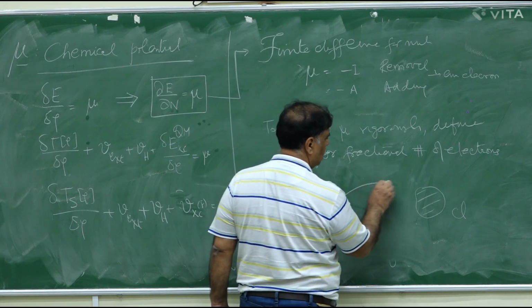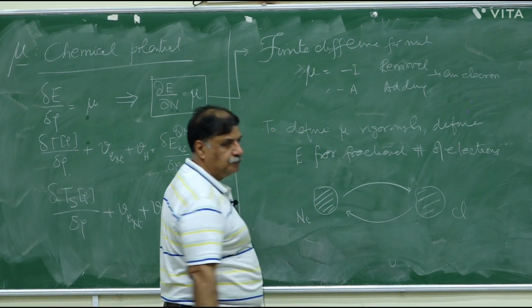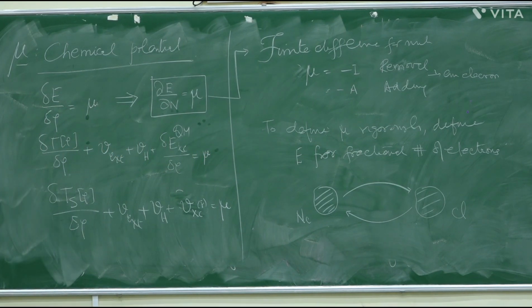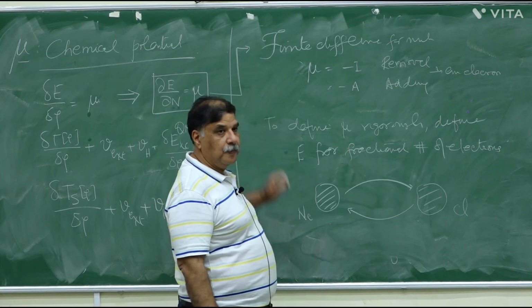There could be a transfer of electron from one to the other that lowers the energy. That's how you define mu. How do two atoms far apart stop that transfer? How does mu exist? I want to answer that, and we want to answer this.